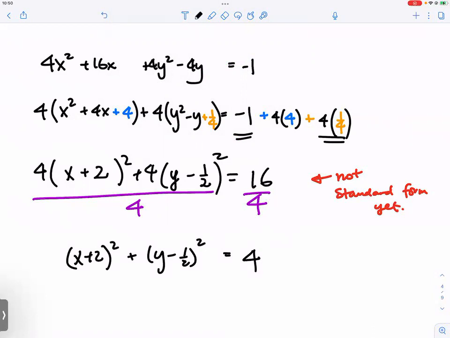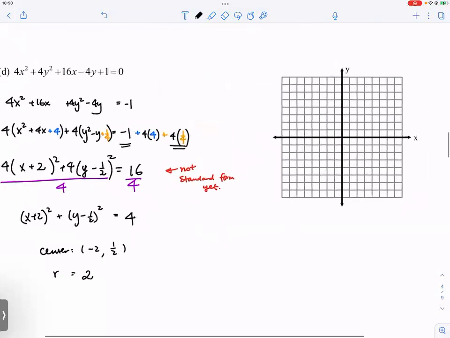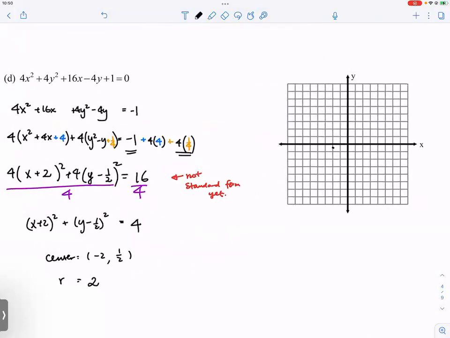And we get what? Center is -2, 1/2, and the radius is 2. So if we are drawing it, we say -2 comma -1/2 right here, and 2 units up, 2 units right, 2 units left, 2 units down.